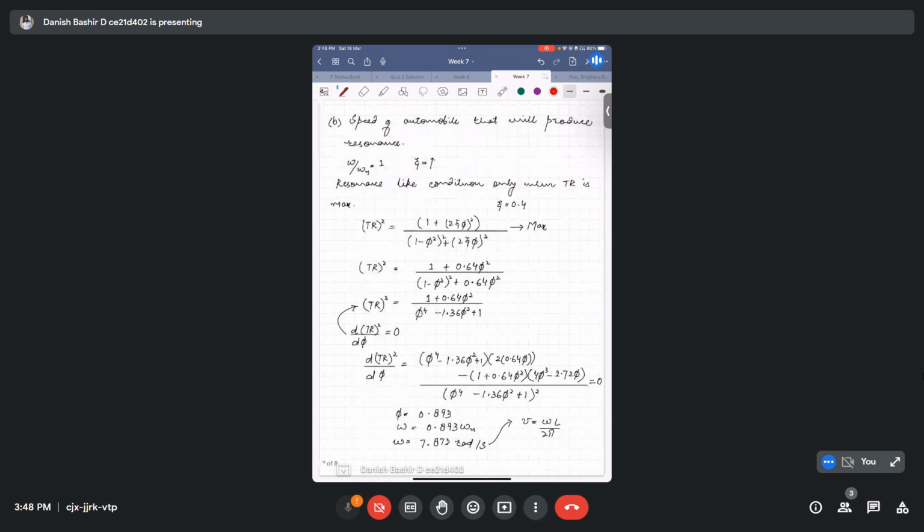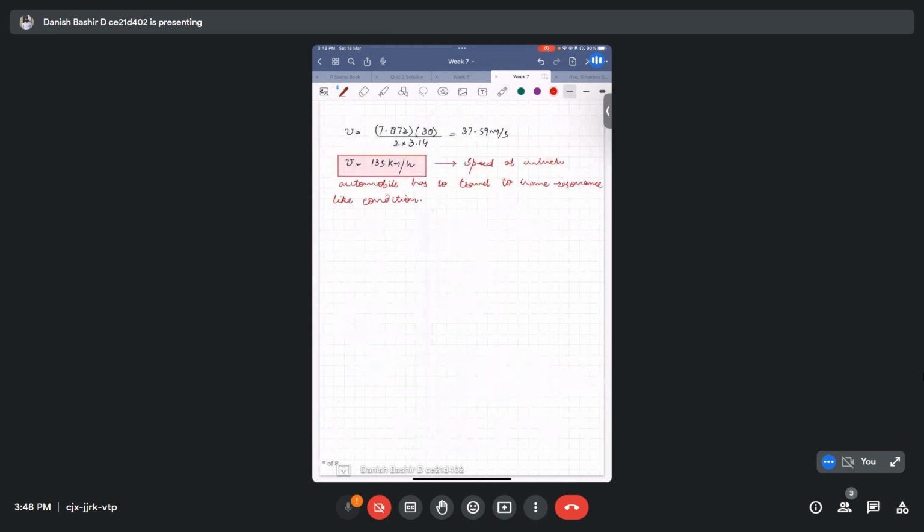One point to note here is that we didn't use the concept that omega by omega n is equal to 1, because of the heavy damping of the system. Damping was 40%, so we have to maximize the transmissibility ratio in order to achieve the resonance-like condition. At a speed of 135 kilometer per hour, the automobile will experience a resonance-like condition.